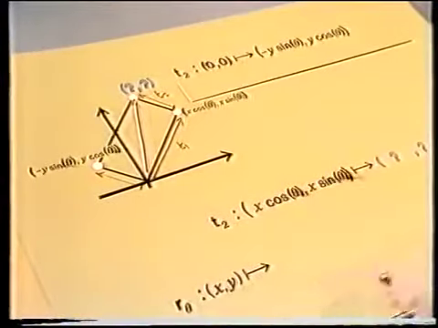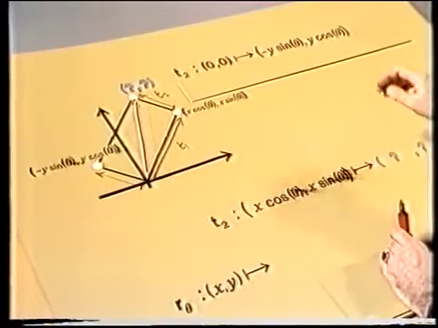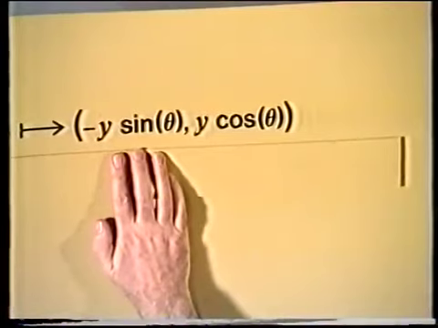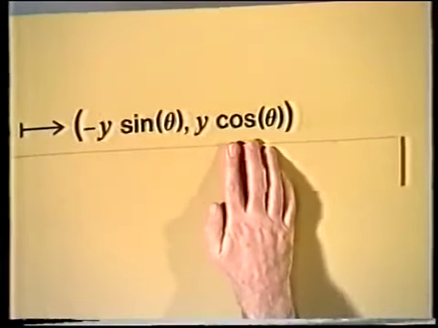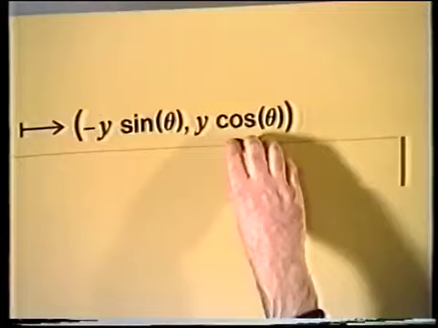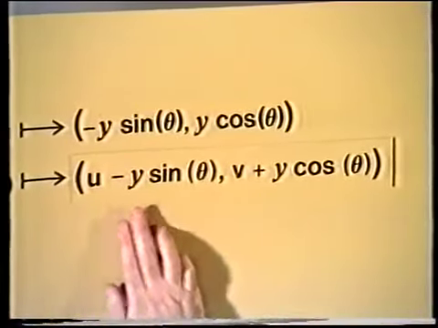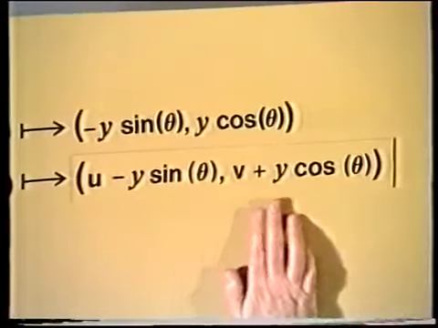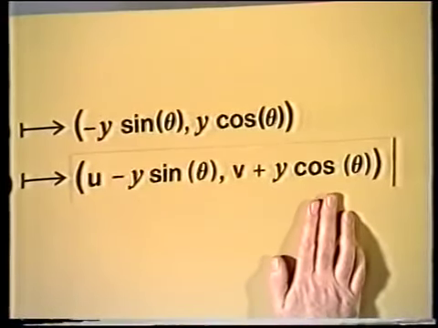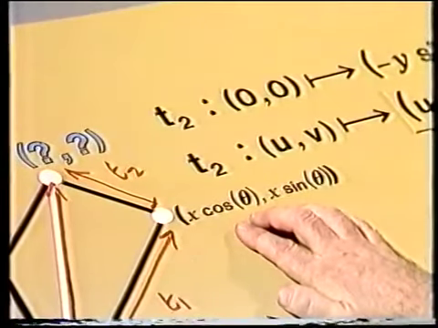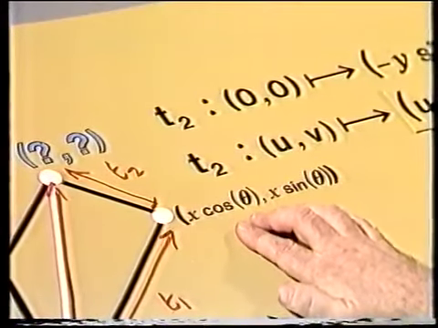Now, to find the image of a general point under the translation T2, we'll have to add minus y sine theta to its first coordinate and y cos theta to its second coordinate. So, for the point uv, it gets mapped to u minus y sine theta, v plus y cos theta. But for the point we're interested in, we'll have to replace u and v by these values.